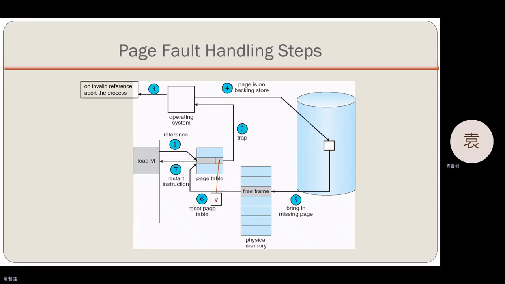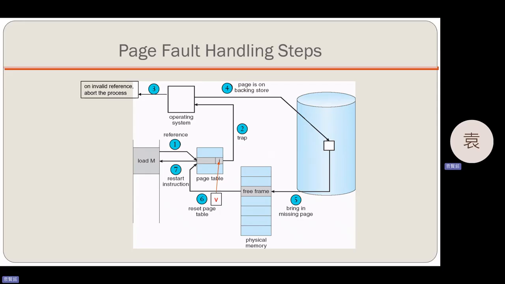And then return from the operating system to the user process and restart this particular instruction, load M. So that's the detail, or the conceptual steps, required to handle a page fault.